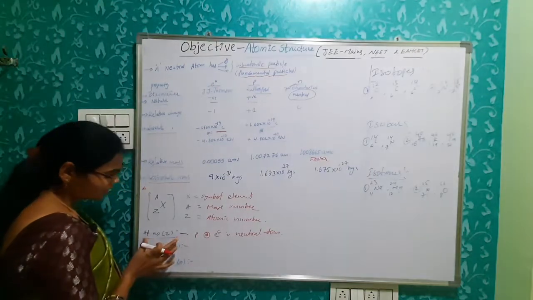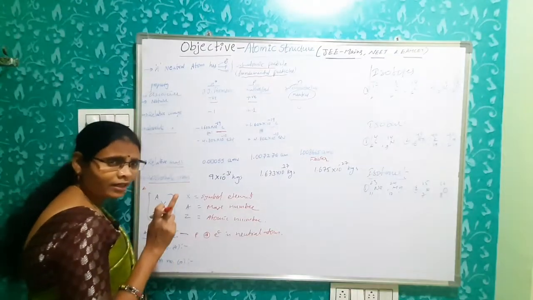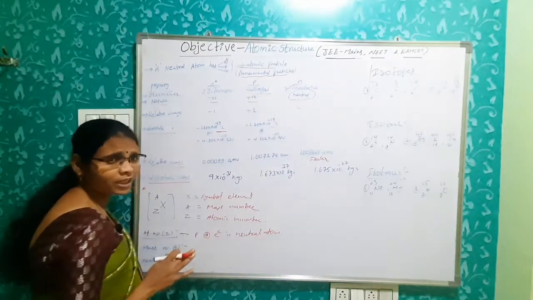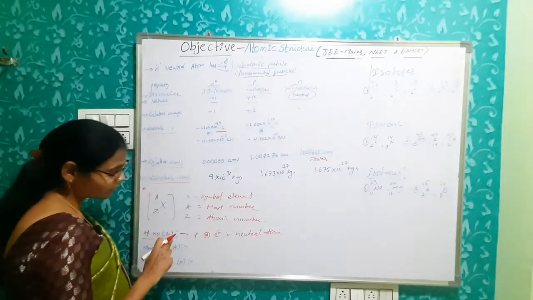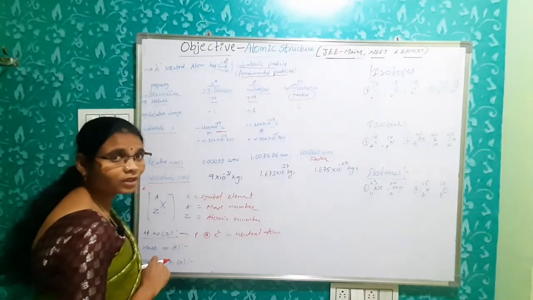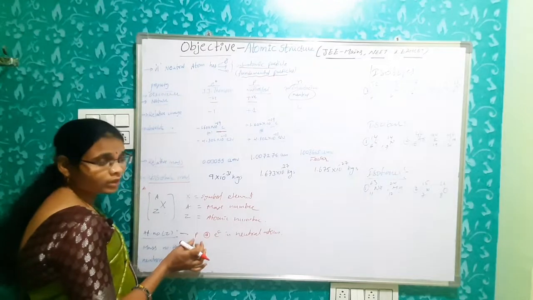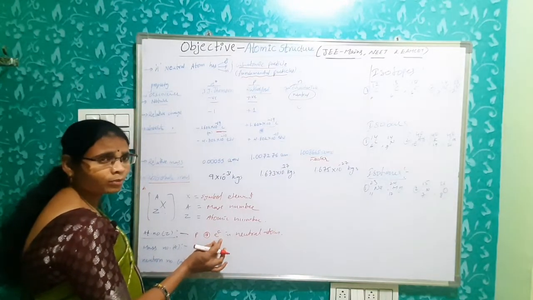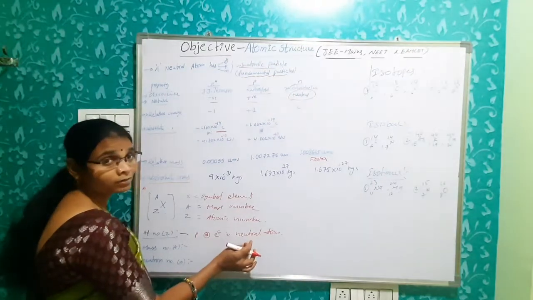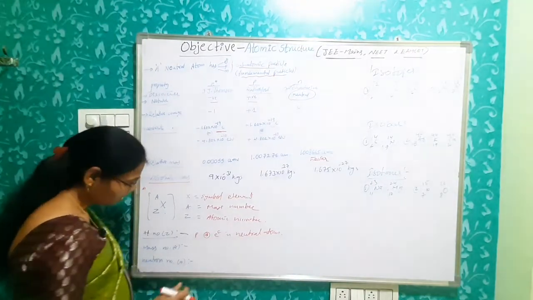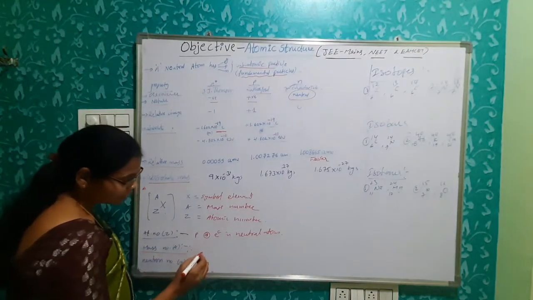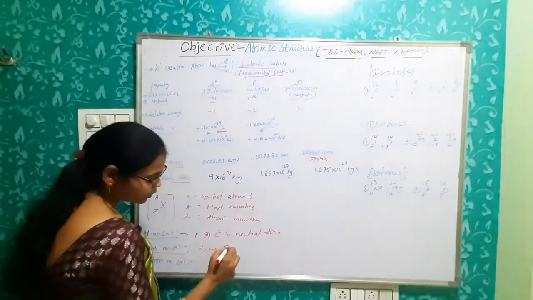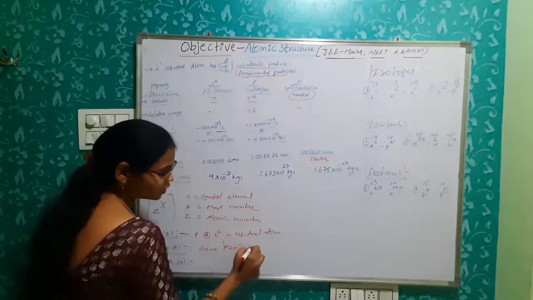Or simply the number of protons in the nucleus, or the number of electrons in the extranuclear part of that neutral atom, not ions. Next, mass number is simply the sum of the protons and neutrons present in the nucleus.